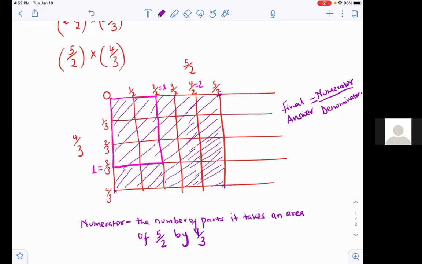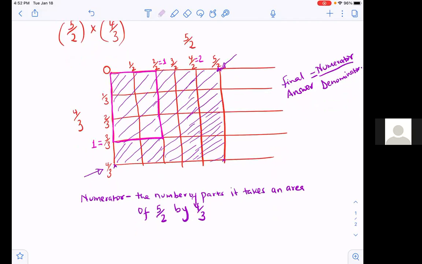So 5/2 is up to here, and 4/3 is up to there. And therefore the number of parts, it takes an area of 5/2 by 4/3. That will be our numerator.